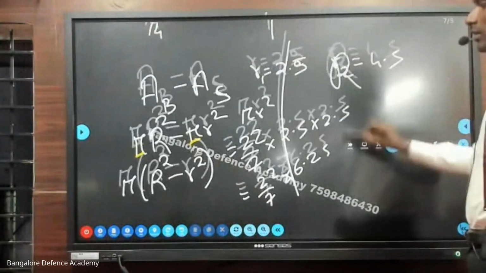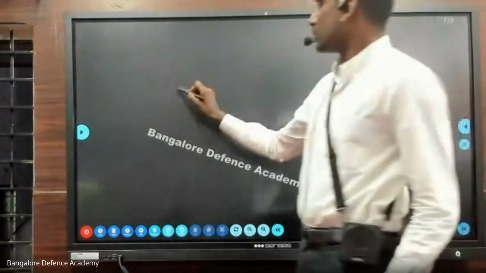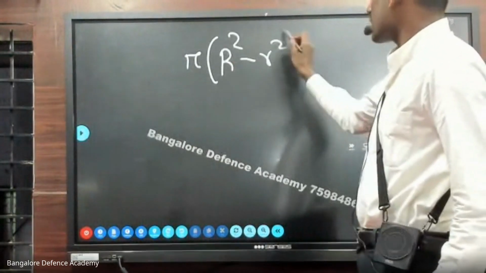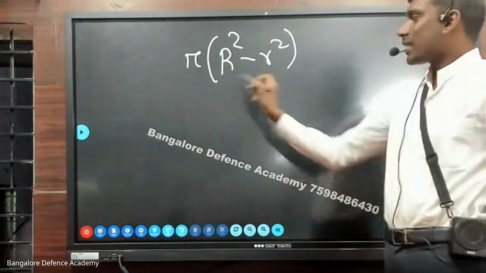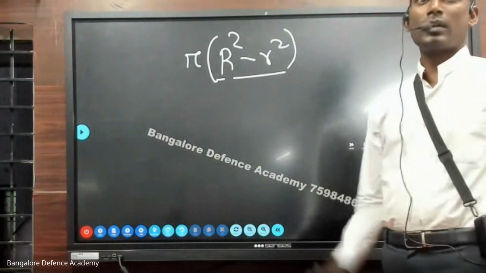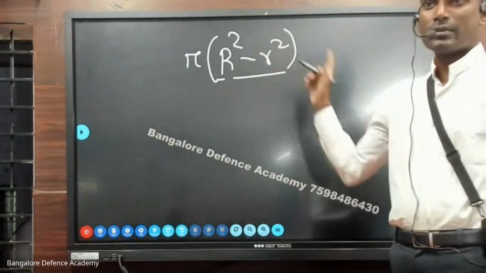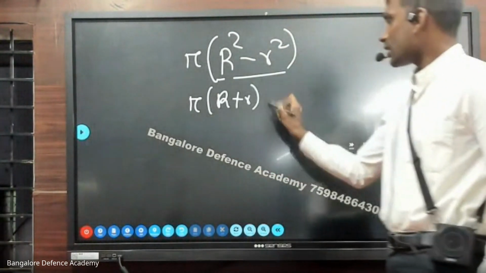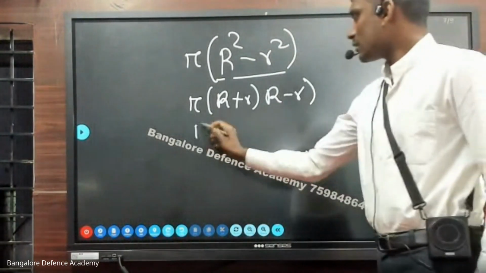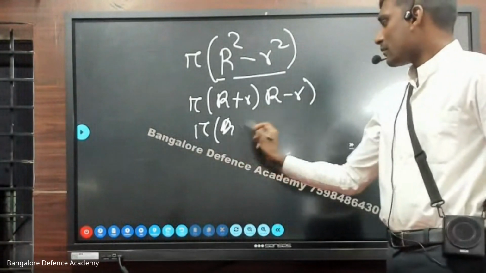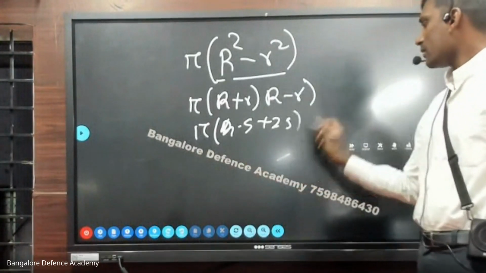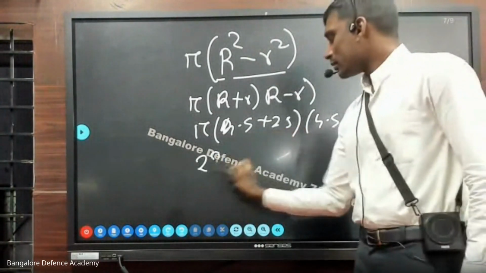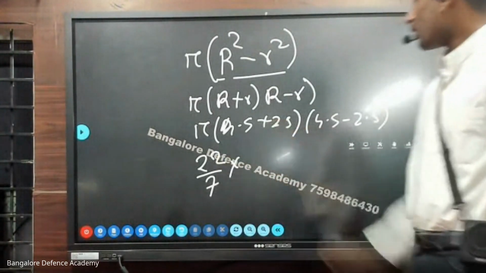Yes or no? दिख रहा अभी? ये देखो, मुझे क्या मिलेगा: pi, capital R square minus small r square. Now look at this. I have taught you algebra. It looks like what? A square minus B square. So क्या हो जाता है? Pi into R plus r, R minus r. Now this becomes easy. This is 4.5 plus 2.5 and this is 4.5 minus 2.5. Now this is 22 by 7 into how much you get?